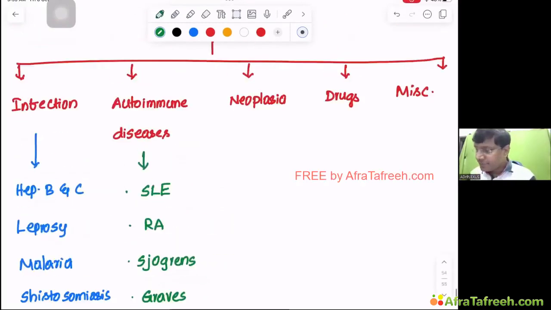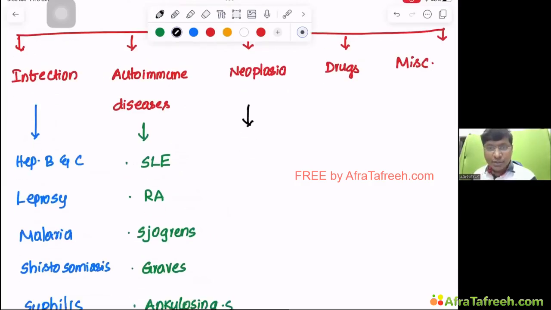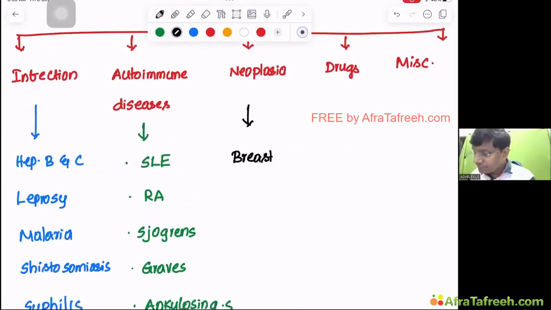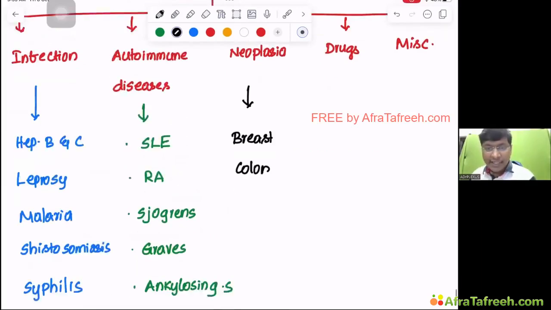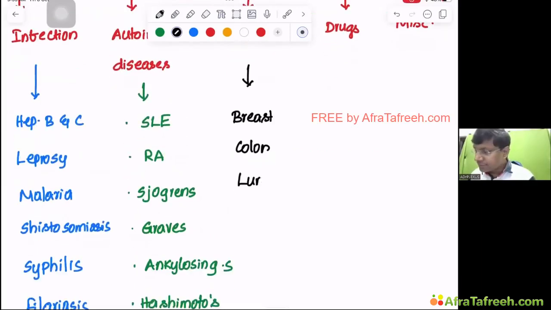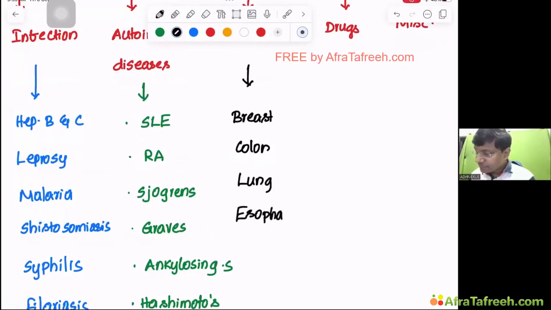Then we have the neoplasms. These neoplasms include carcinoma of breast, carcinoma of colon, carcinoma of lung, and carcinoma of esophagus. These are the malignancies that can contribute, followed by the drugs.